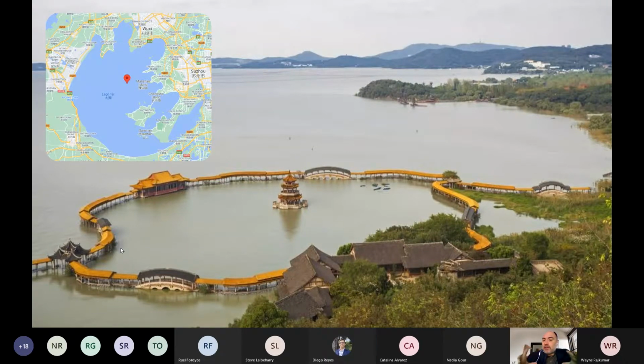Just making some real case studies, but trying to do it in a methodology that is a bit like a story problem. So for this case, I have a lake. This lake is in China. It's a real case. Can you please click, Diego?